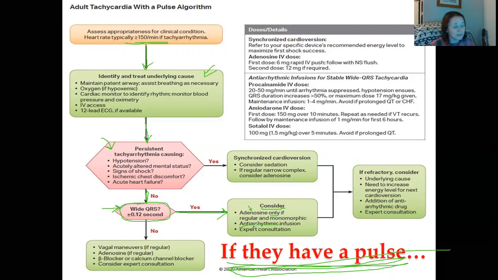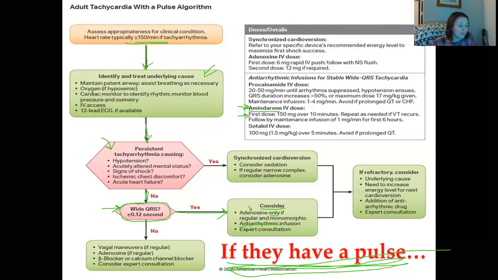Let's remember back, VTAC could be categorized as 3 PVCs together, so we could be treating it the same as we would with PVCs. An antiarrhythmic medication like amiodarone is a big one that we see used a lot. So stable VTAC, we maybe want to consider beginning an amiodarone infusion. Here's the dosage here. You guys can read.